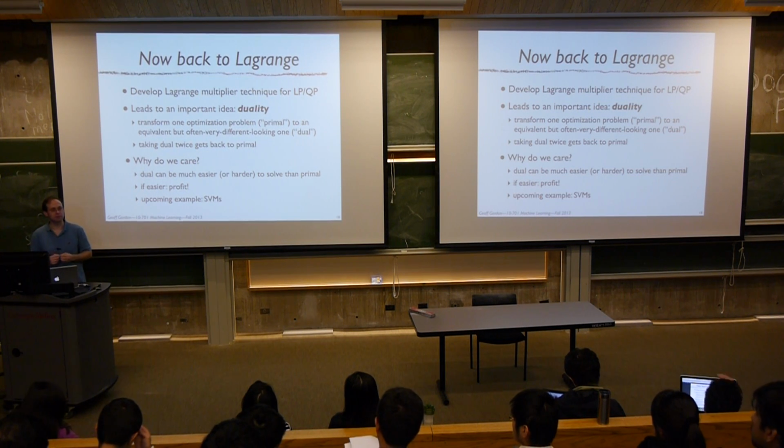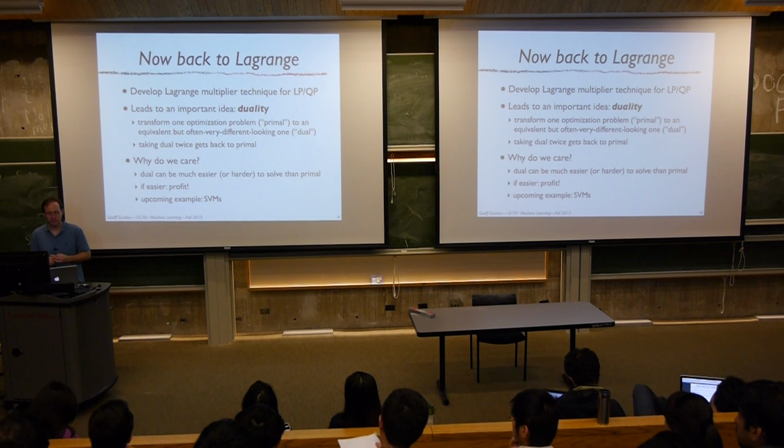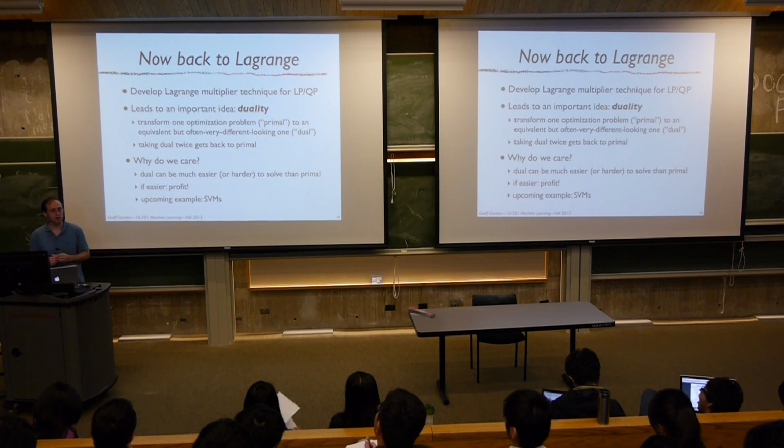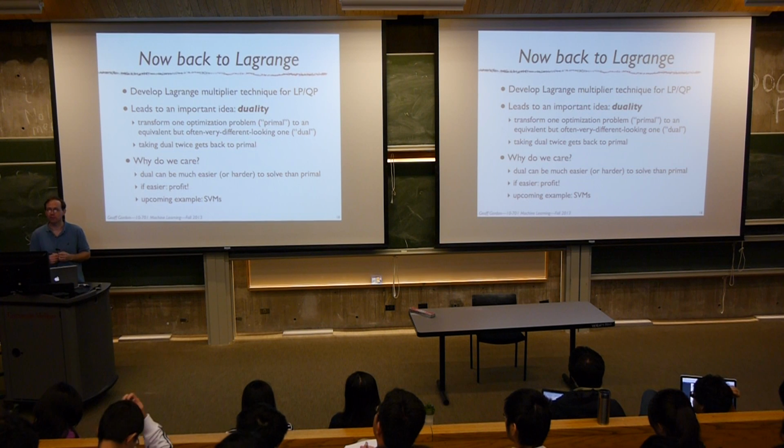And sometimes you'll be able to do that. There's a nice example of this, which is support vector machines, which we'll get to pretty soon. But there's plenty of other examples of this in machine learning. So duality is a pretty central idea.